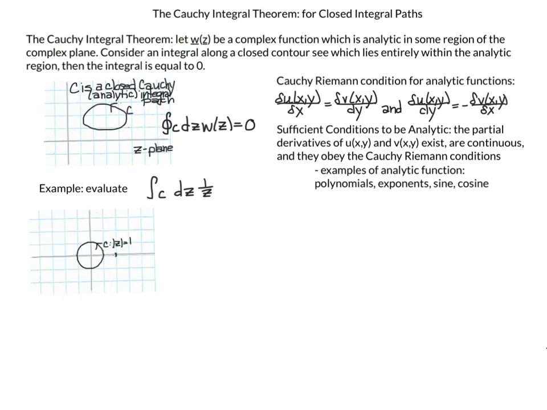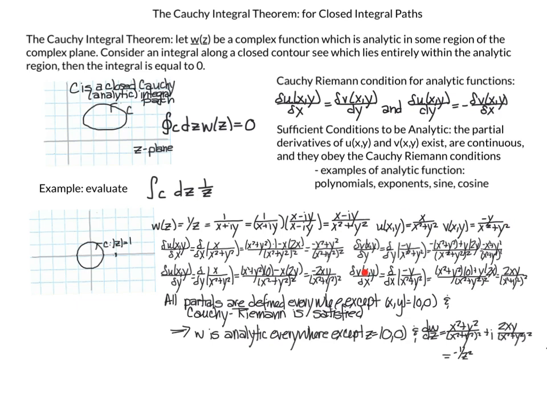Our next example is the integral over c, the same c, where the absolute value of z is equal to 1. In other words, the circle of radius 1, and the function is 1 over z. This also was our previous example.